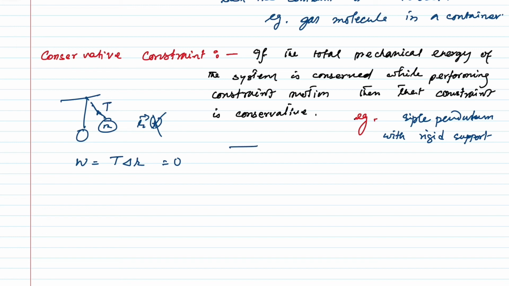If you take the example of a pendulum whose length is not fixed, of variable length, then del r is not equal to 0, as it is a function of time. So in that case W, the work done, is also not equal to 0. That will be a dissipative constraint.